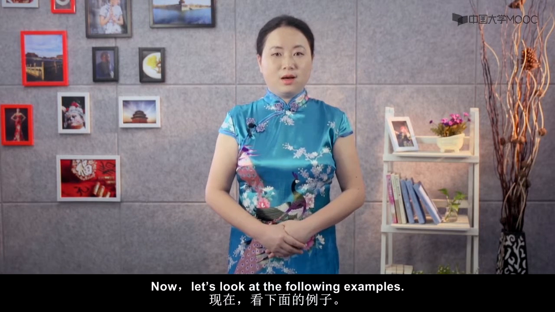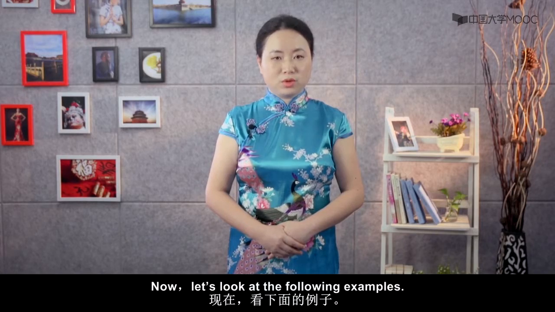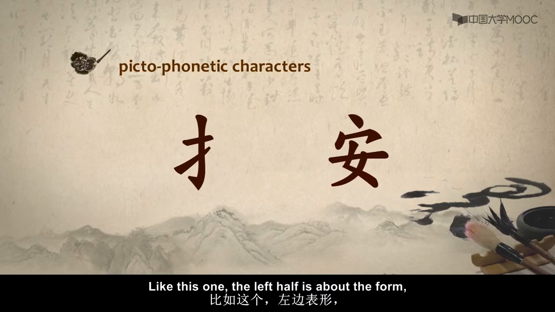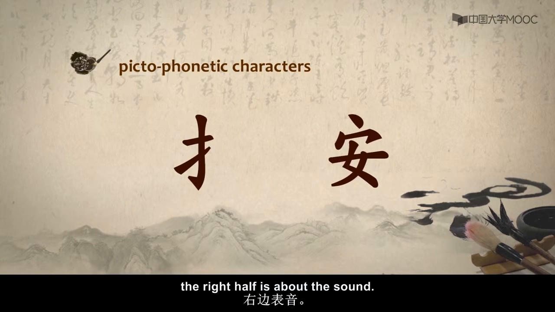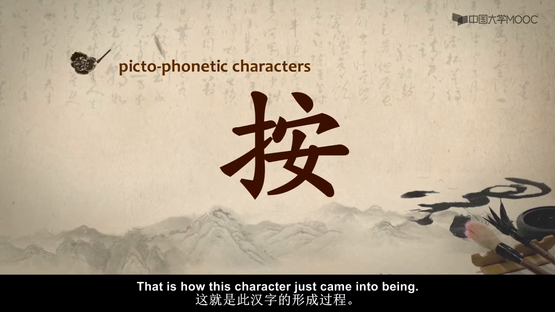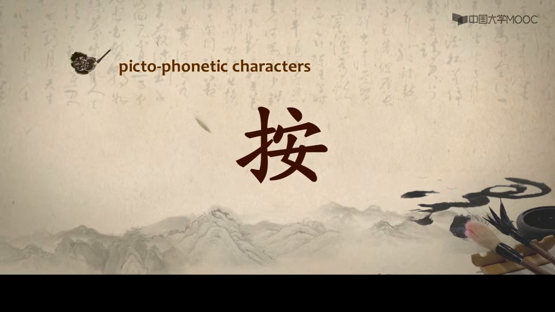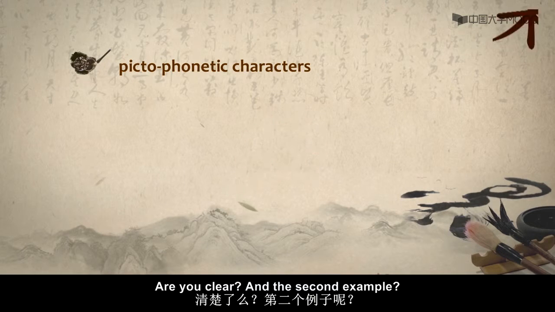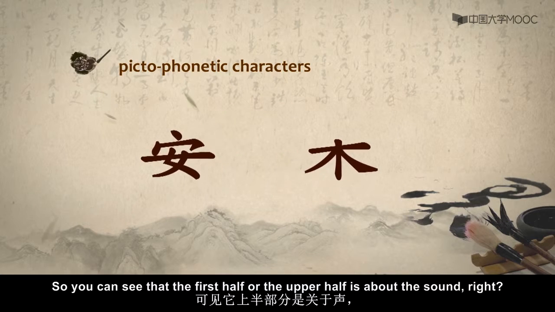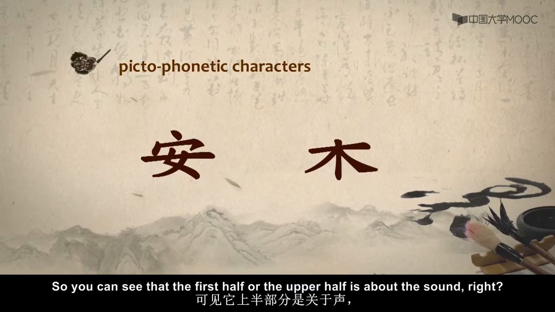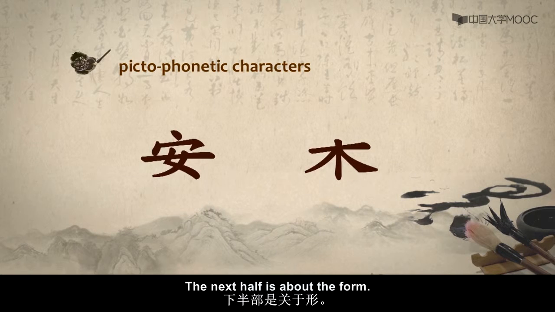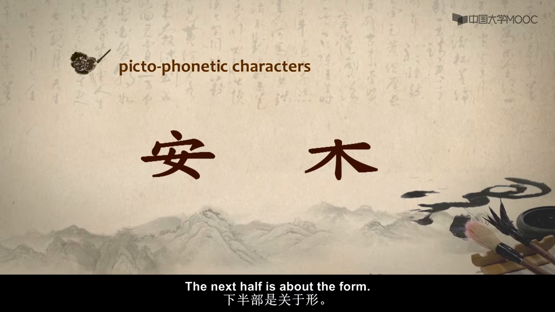Now, let's look at the following examples. Like this one, the left half is about the form. The right half is about the sound. That is how this character just came into being. Are you clear? And the second example. So you can see that the first half or the upper half is about the sound, right? The next half is about the form.